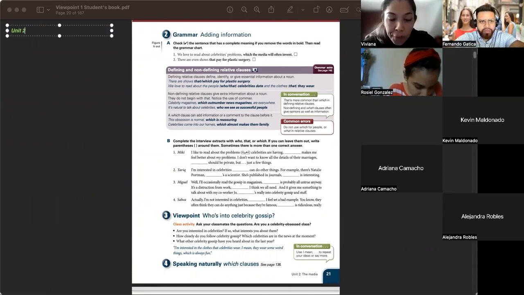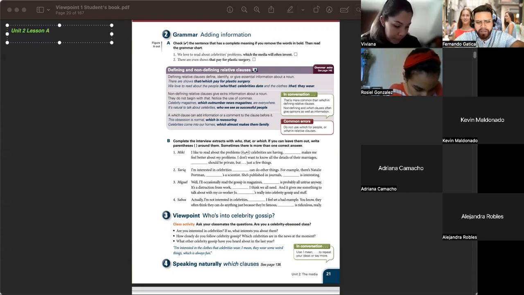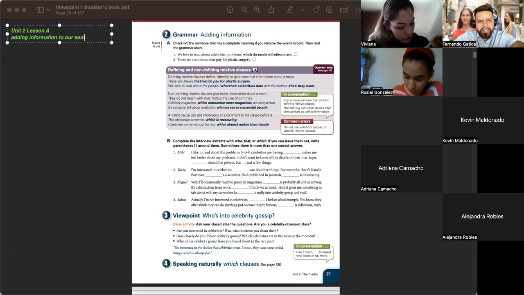This is unit 2, lesson A. In this lesson, we talked about adding information to our sentences.